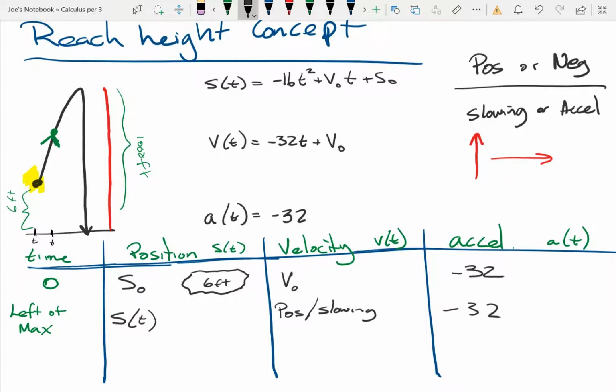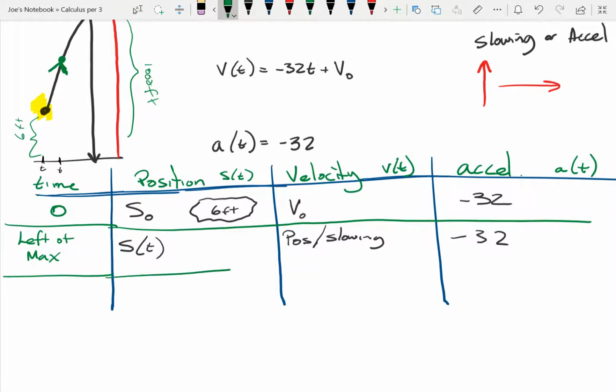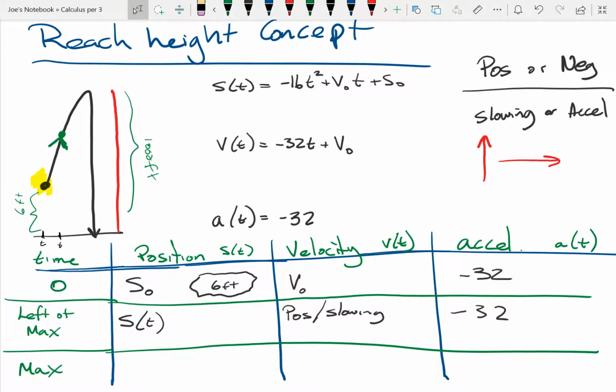So, all right, now here's the huge one. Let's go back to green. I want to be at the maximum. I'm at this maximum right here. Let's think about that. What is the position function of that maximum?